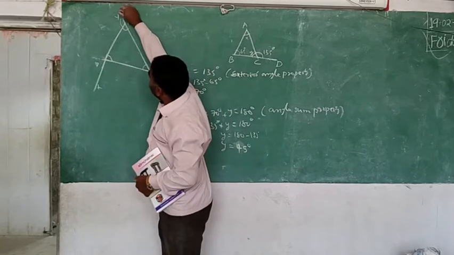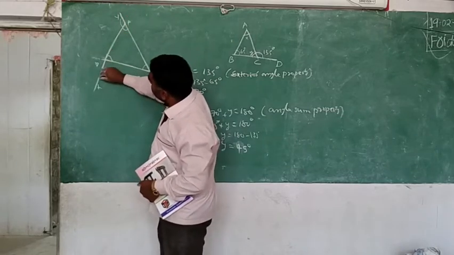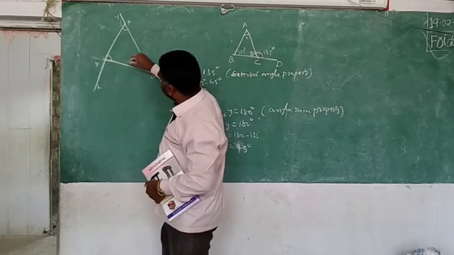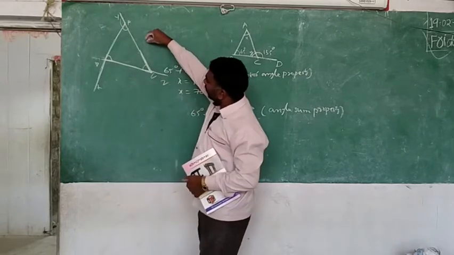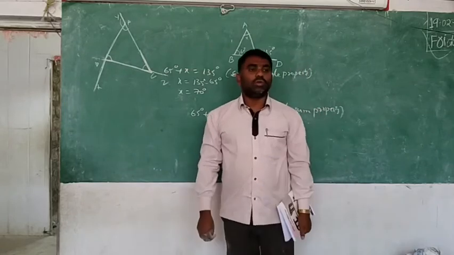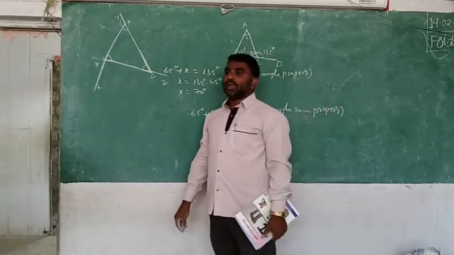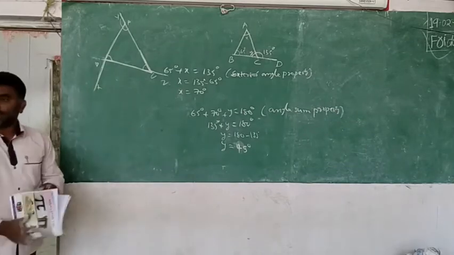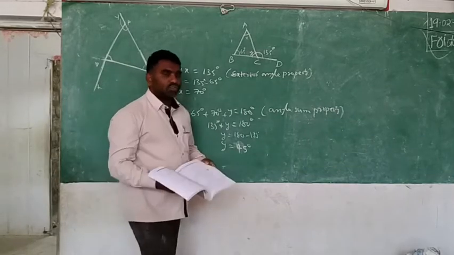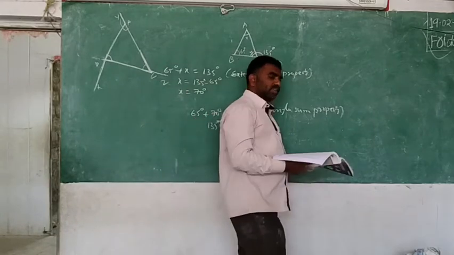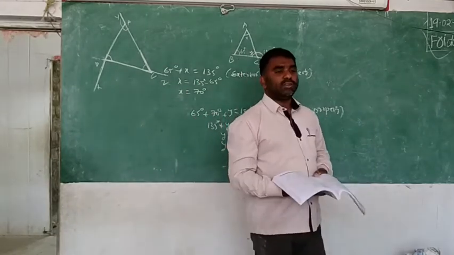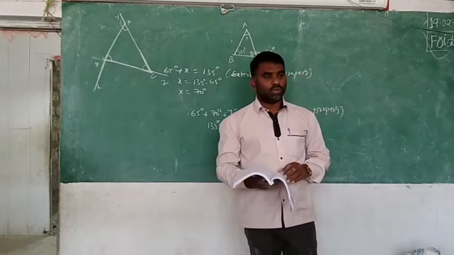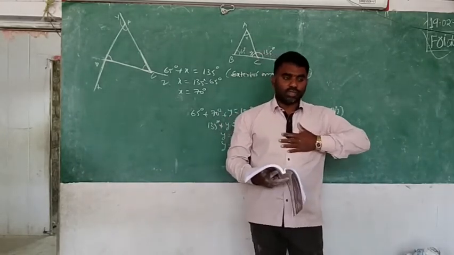First Y, A, B. This is X, B, C. This is A, C, Z. You have to name the interior angles and the exterior angles. Can you do it or not? Yes. The second one is a direct question. You have to find the exterior angle. You know that the sum of its two opposite interior angles will be equal to the exterior angle, so you can find it like this.